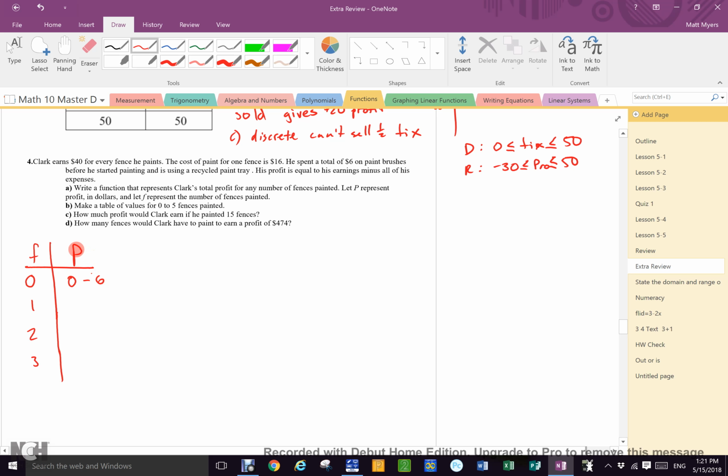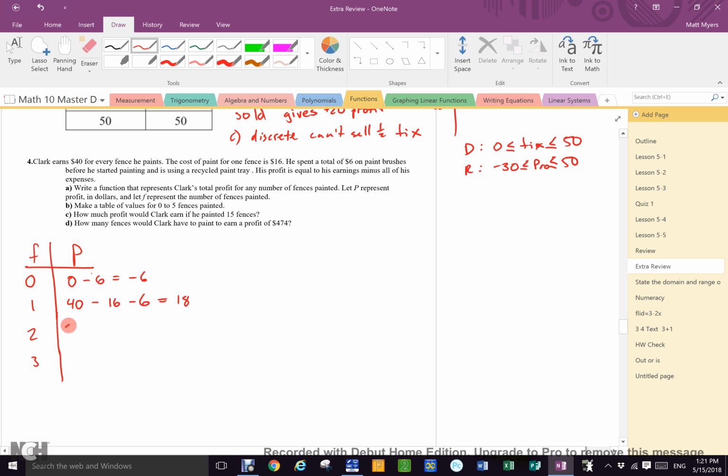Right? If he paints one fence, he's made $40, is positive, but he's lost 16, and he's lost 6 because he bought the paint brushes. So that equals 40 minus 16 is 24, minus 6 is 18, right? So his first one, he's lost $6, then he's at 18.